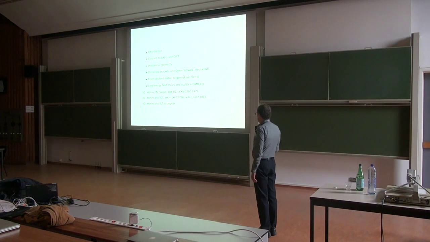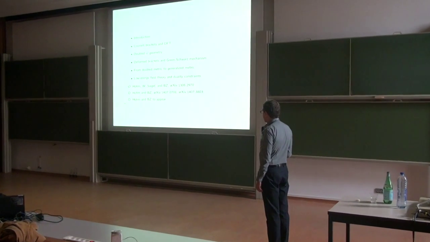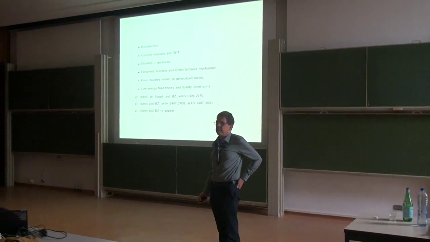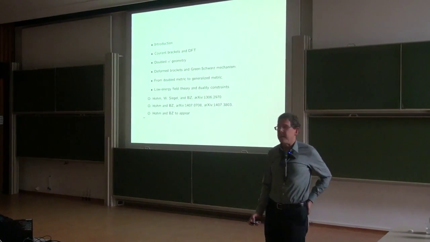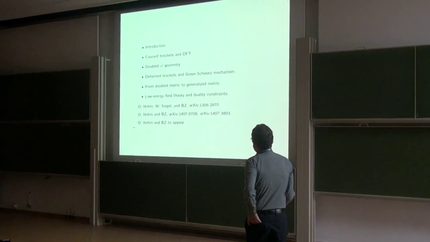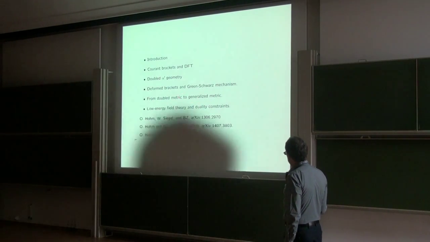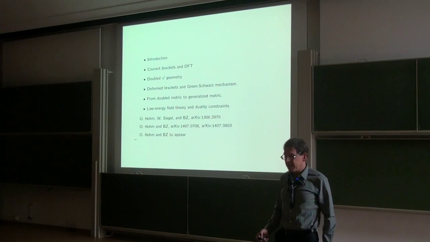The brackets that we're talking about here, Courant brackets, admit what are called alpha prime deformations, and they are related to the old mechanism of Green-Schwarz, actually giving some geometrical insight as to what this mechanism is. From double fields to generalized metrics, as I will review, the typical construction of duality covariant formulations of gravity use what is called the generalized metric.